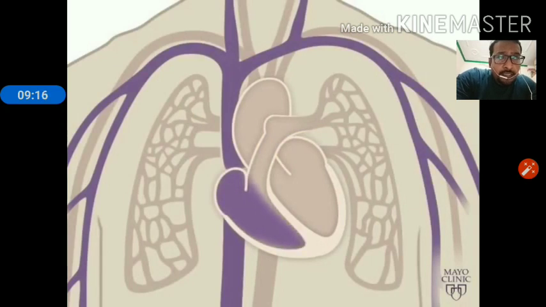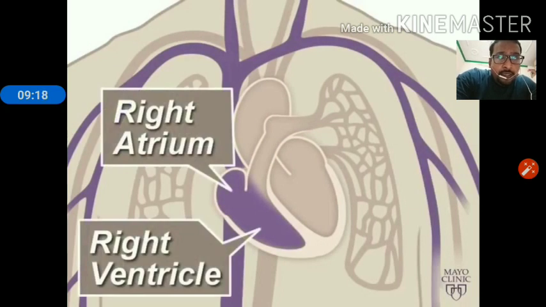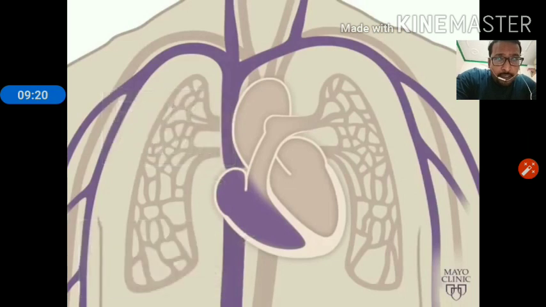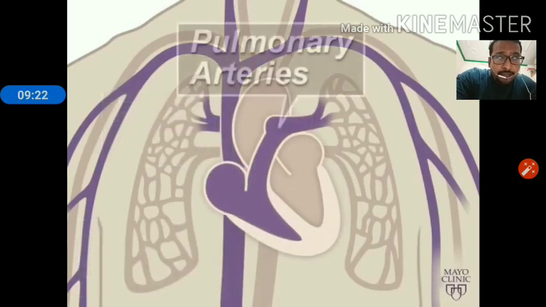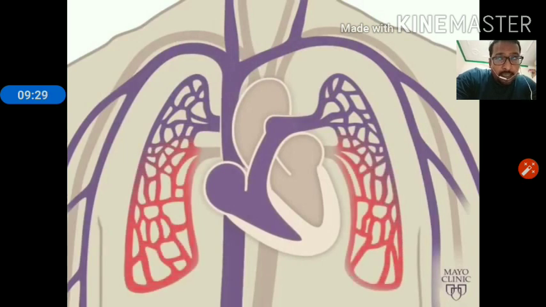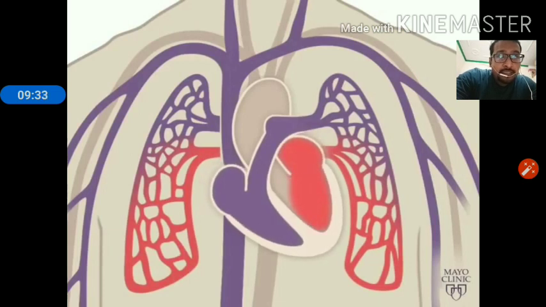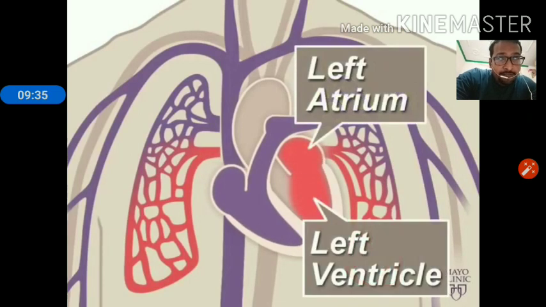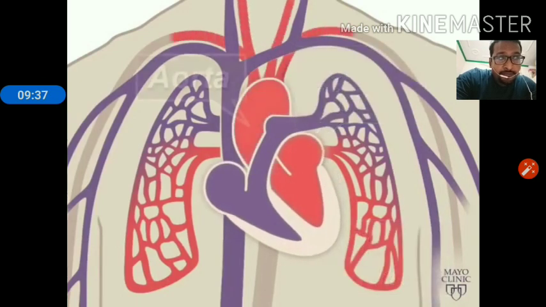As you can see, the carboxyhemoglobin blood, which contains carbon dioxide, goes to the heart and the heart sends it to the lungs. The lungs purify that blood and send it back to the heart, into the left atrium, then the left ventricle, and then from the aorta it goes back to the system.